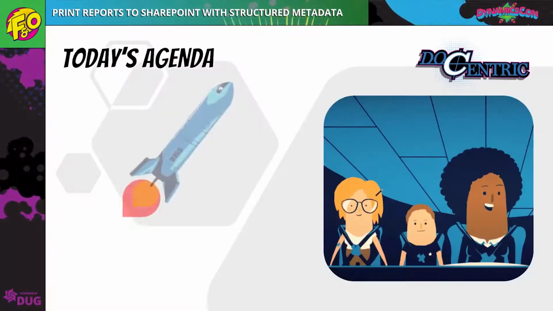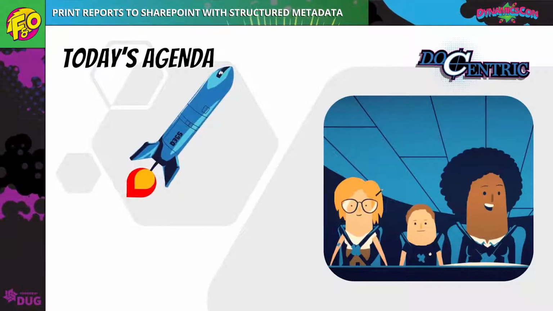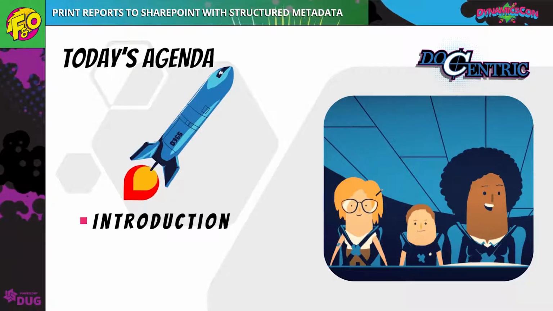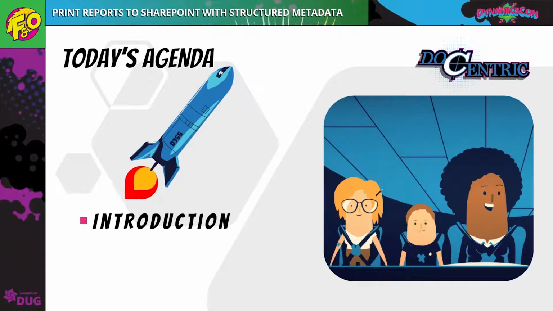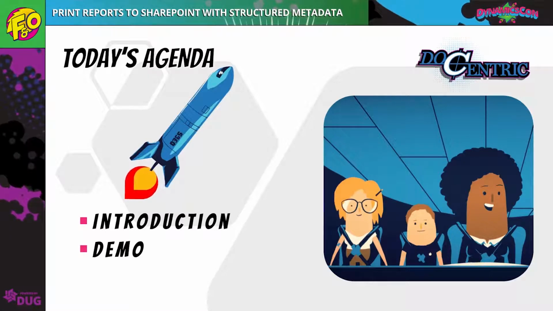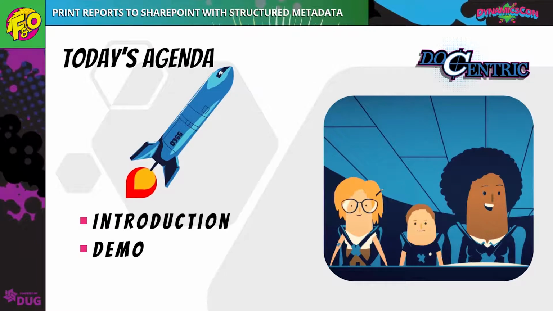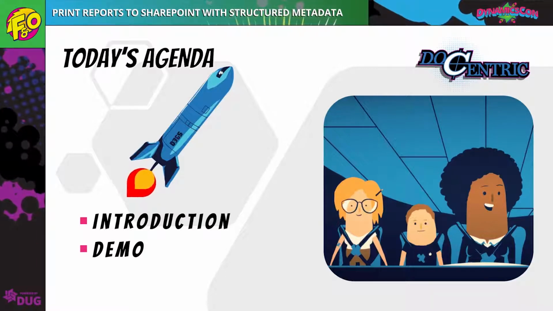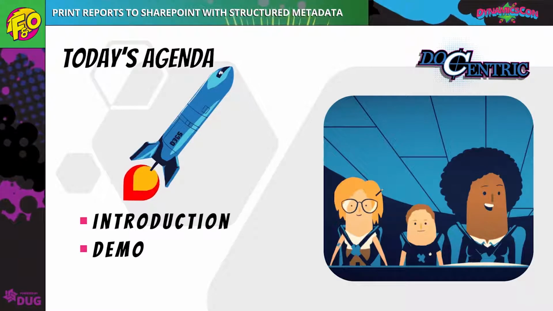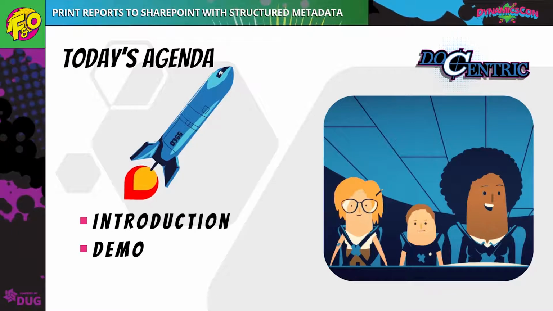Let's now fly to our agenda and see how. First, I will shortly introduce Docentric and why we should store our financial documents to SharePoint with metadata. And then I hope that you are eager to see the demo, where I will show you how easy it is to create a sales invoice, register it in D365 F&O without any deployment, send it to your clients, and at the same time store them to SharePoint.